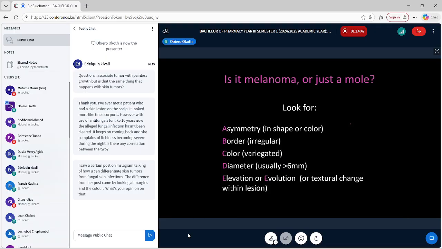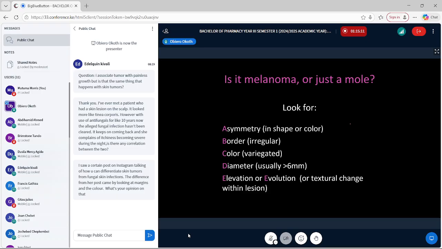Now, how do you look at that? This is what you're looking for: is it a melanoma or is it just a mole? You look for asymmetry in the shape or the color. So you see some areas red. The boundaries are not very clear. The borders are irregular.